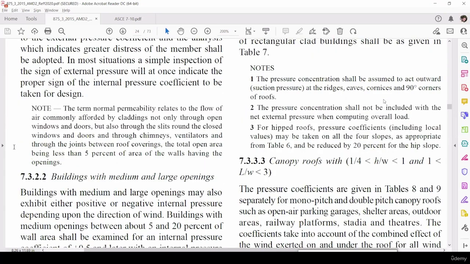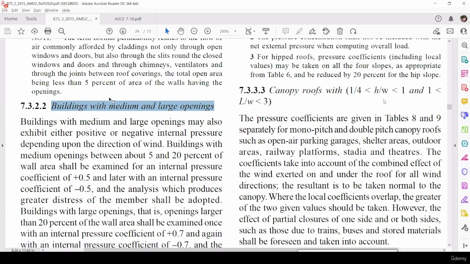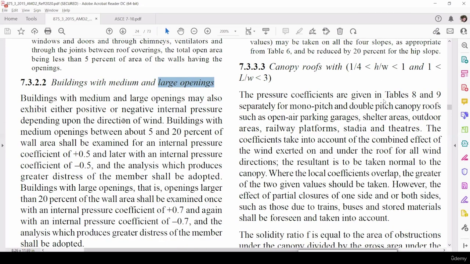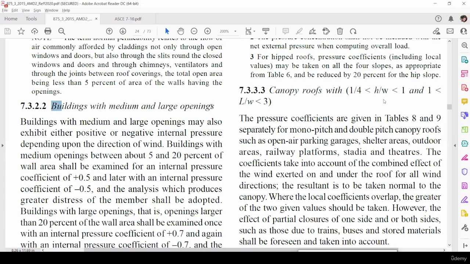You can see clause 7.3.2.2: buildings with medium and large openings, nothing but the partially enclosed condition, or large openings, nothing but open conditions. So in these cases, internal pressure coefficients will be higher, right? In this case, the wind coefficient on the rafter may act towards the rafter. That depends upon the openings of the building.